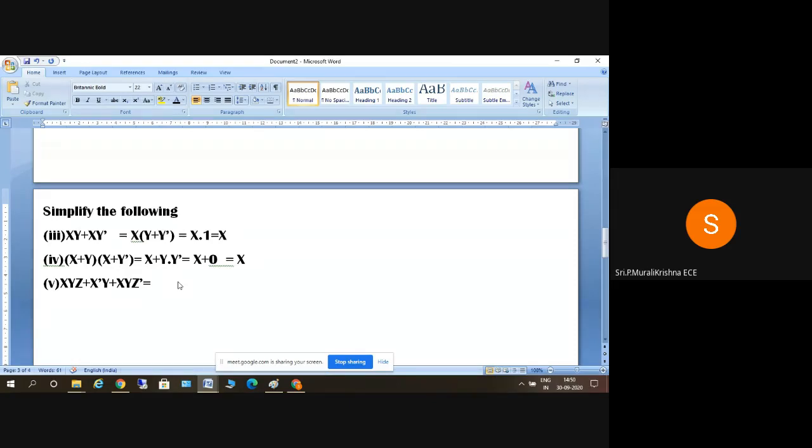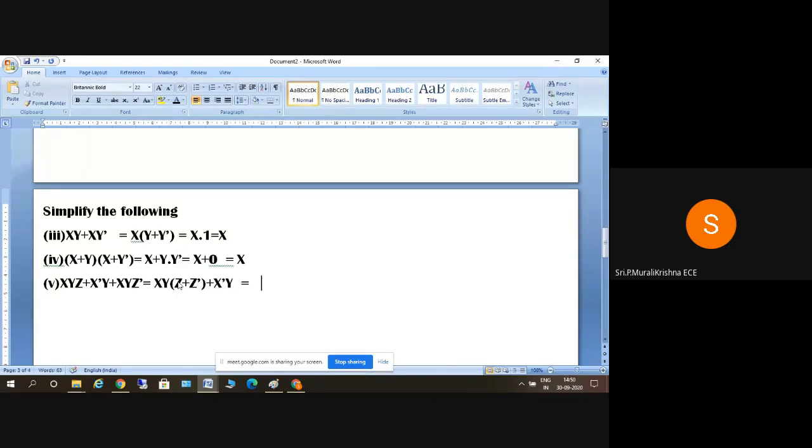And this one: xyz plus x bar y plus xyz bar. I think no theorem can be applied here, so we will just take something common. xy is common in the two terms here. So z plus z bar, plus x bar y.